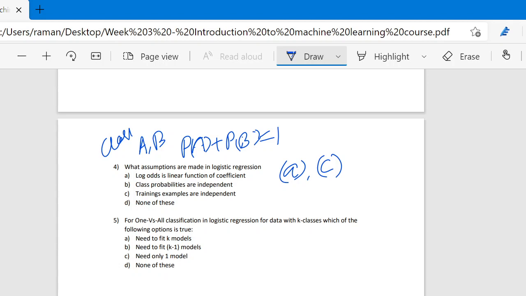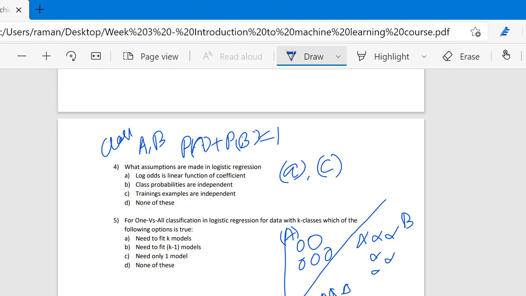Question number 5. For one versus all classification in logistic regression for data with k classes, which of the following options is true? Suppose we have three classes. This is class A, this is class B, and this is class C. For one versus all classification, we should have a decision boundary like this.